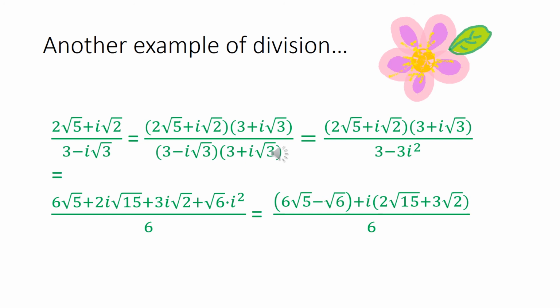You get a fairly messy expression in the top. We get 6 times the square root of 5 plus 2i times the square root of 15 plus 3i times the square root of 2 plus the square root of 6 times i squared. In the denominator, we do get a nice clean number. Notice the square root of 3i's cancel out when you FOIL, and i squared is -1, and the square root of 3 times the square root of 3 actually ends up equaling 3.